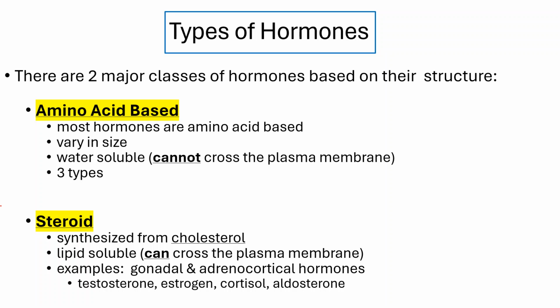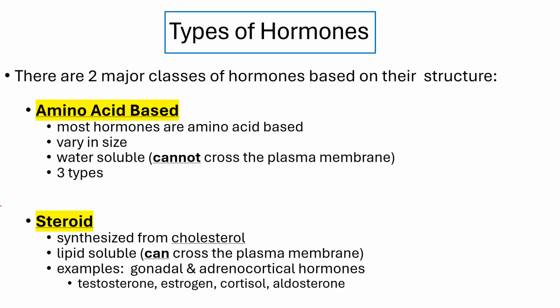And they're the ones that build that barrier between the inside of the cell and the outside of the cell. So if you've got a water soluble molecule, like an amino acid based hormone on one side of the cell, it can't cross that phospholipid bilayer, that phospholipid tail part, and get inside the cell. It can't do that. It's going to need a doorway to pass through, right? There are actually three types of amino acid based hormones. So you can then break those amino acid hormones into three separate categories.